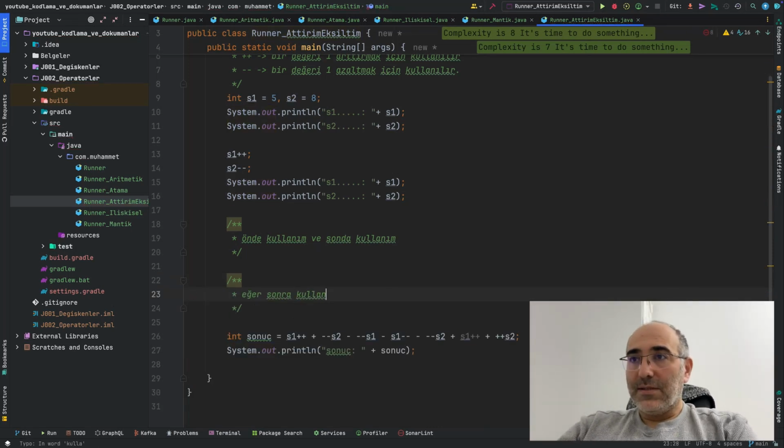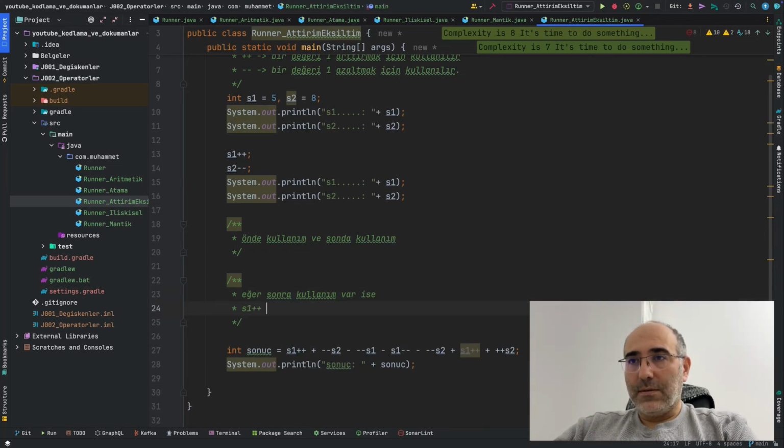If it's used at the end, that is, if it's S1 plus plus, this happens first, guys. First, the current value of S1 is used. Then the value increases by 1.